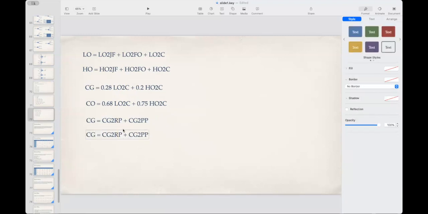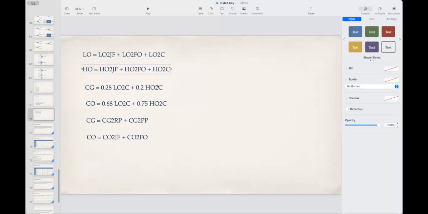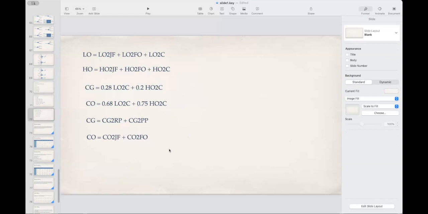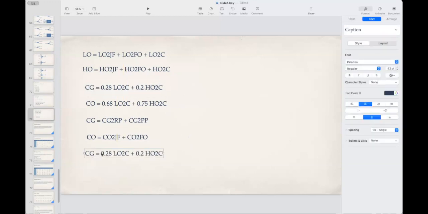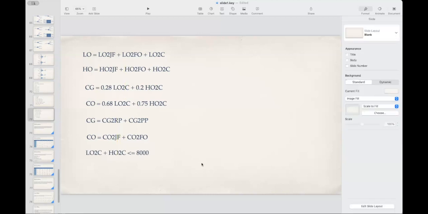We also have cracked oil, and cracked oil must be cracked oil to JF and cracked oil to fuel oil, FO. Good. And the next one is the capacity of the cracking process, 8,000. So LO2C plus HO2C must be less than or equal to 8,000. Yes, like this.